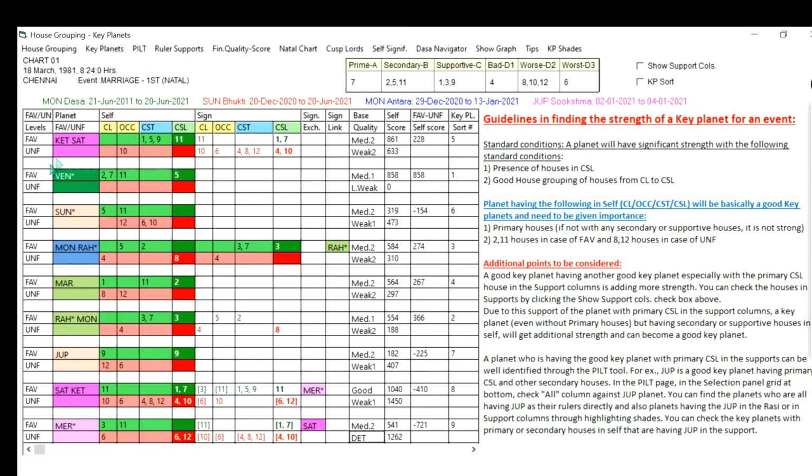Suppose Venus is a good key planet, and suppose the planets which have this Venus in their star level and sub level or in consequent levels, apart from Venus, other favorable key planets are playing, forming the 2, 7, 11 house grouping. That planet is going to be a good favorable key planet.